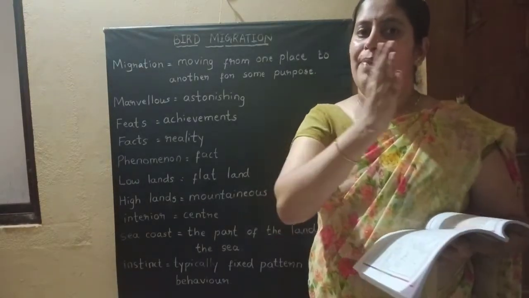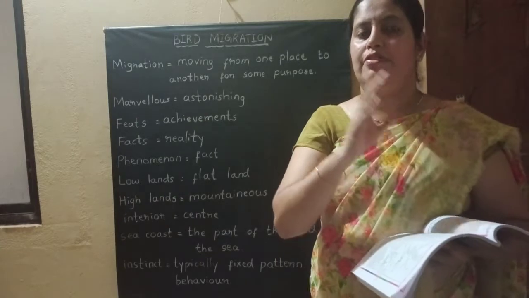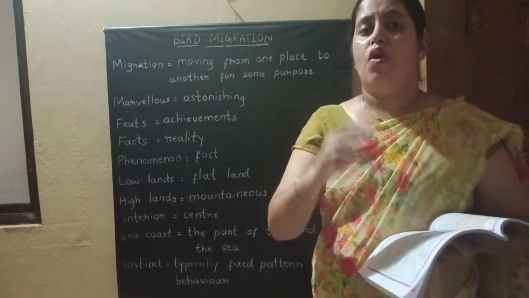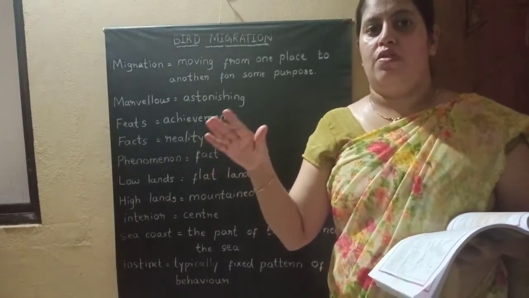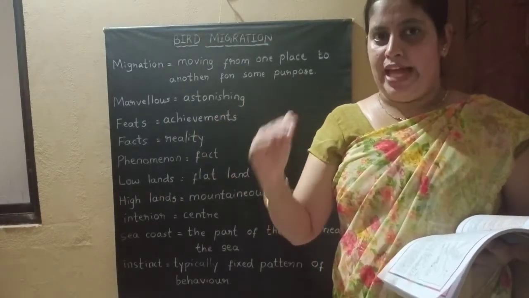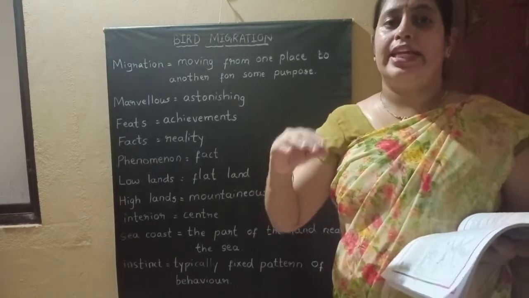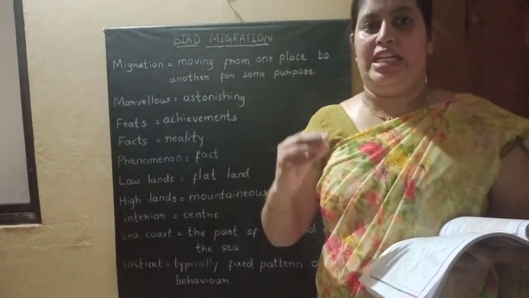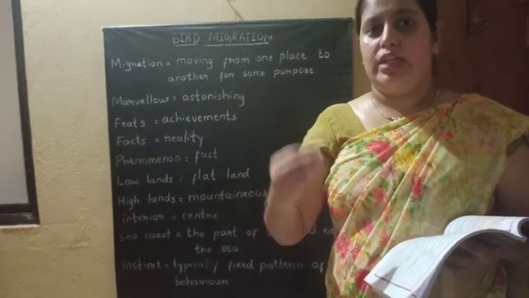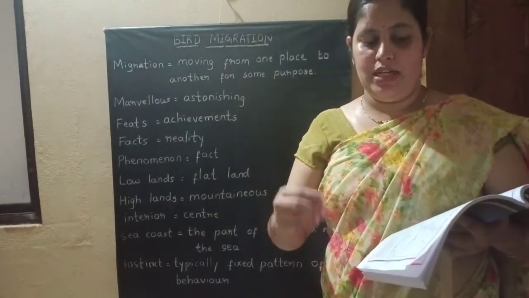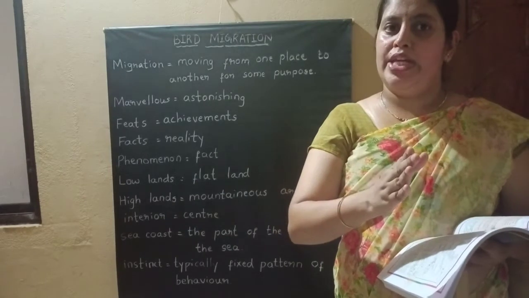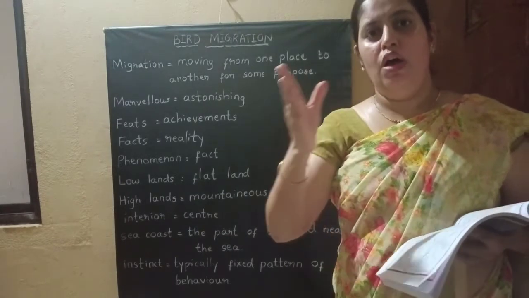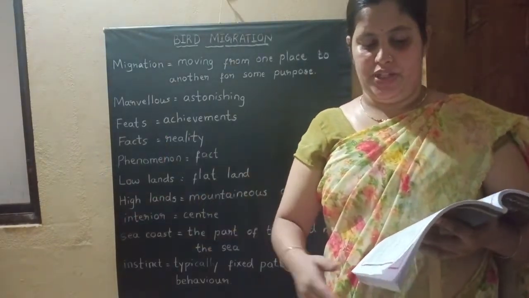In the northern part of the earth, when it is cold, there is snowfall and the whole land is covered with snow. At that time the birds do not find any insects to eat. Because of that, they migrate from the cold regions to the warmer regions.